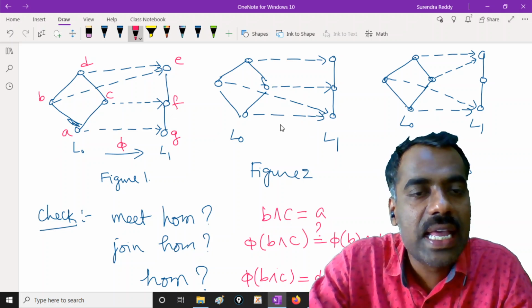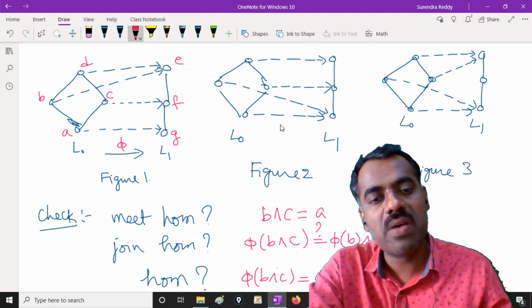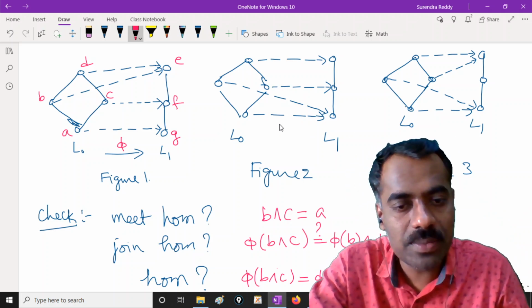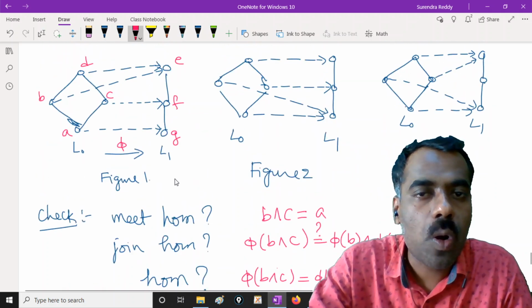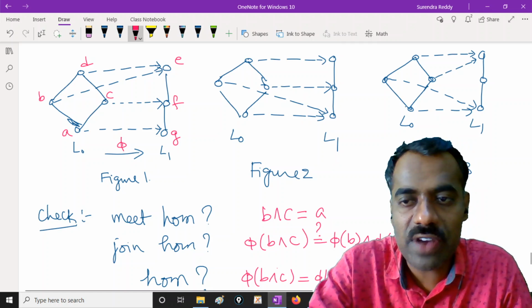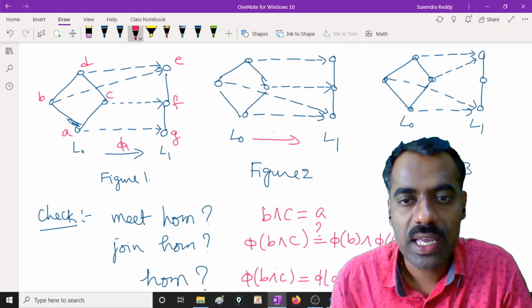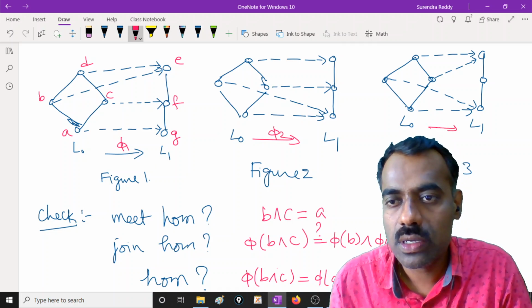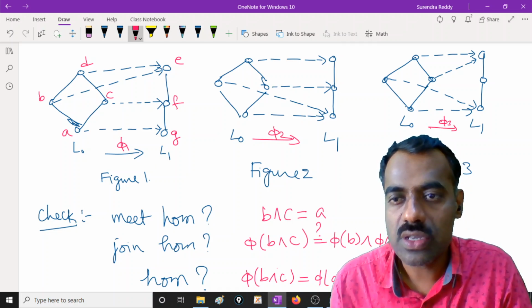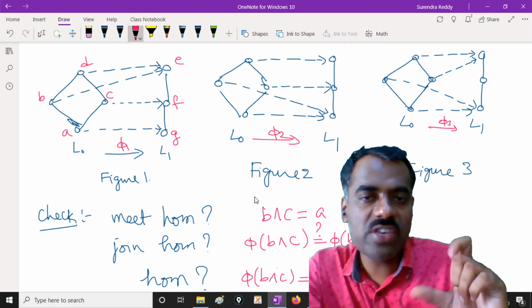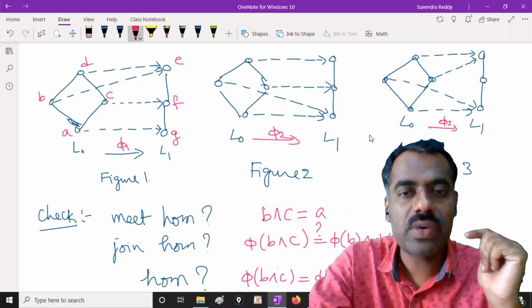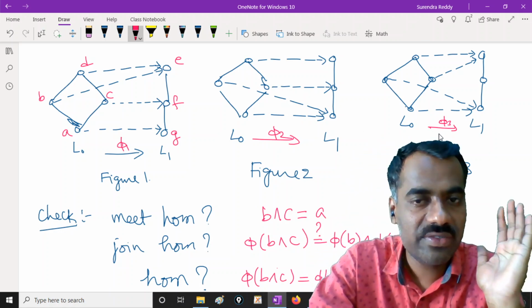It is interesting, and check which are meet homomorphisms, which are join homomorphisms, and which are homomorphisms. You can call this phi 1, phi 2, phi 3 if you want. So you should discuss and come with what you can say about phi 1, phi 2, phi 3. Is this clear?